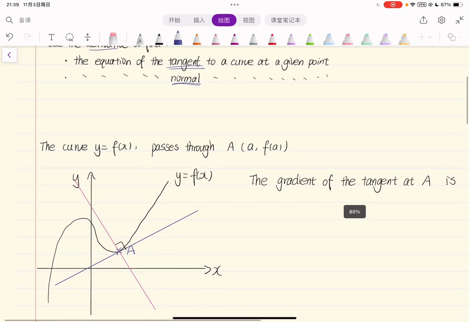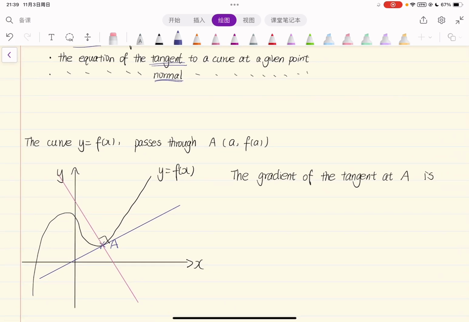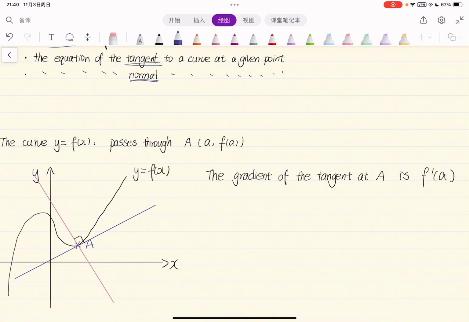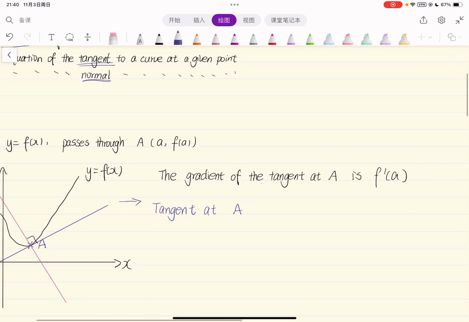Now we have the curve y equals f(x) passing through the point A with the coordinates (a, f(a)). So the gradient of the tangent at A is f dash a. In the graph, we can see the blue line is a tangent to the curve at point A. We know the equation of the straight line with gradient m passing through the point (x1, y1) is y minus y1 equals m times (x minus x1).